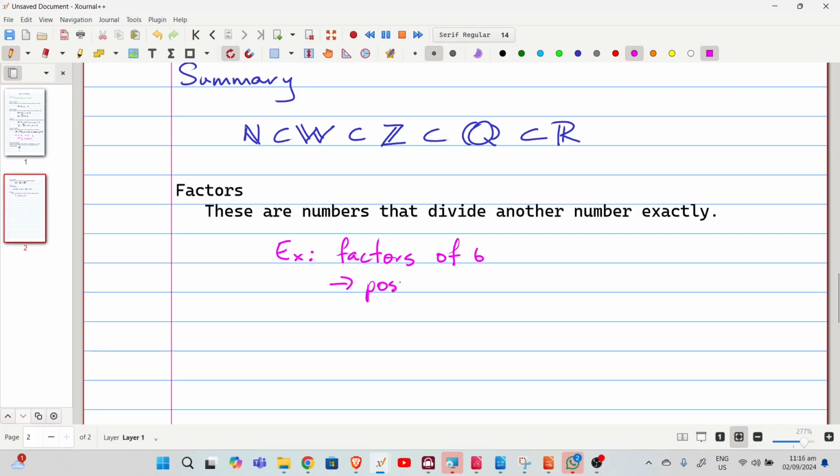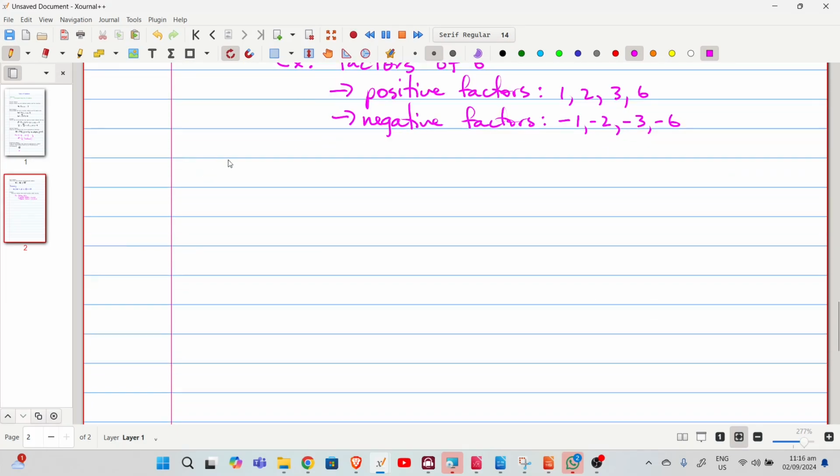We have positive factors, which are 1, 2, 3, 6, and we also have the negative factors, which are -1, -2, -3, and -6. Next, we have the multiples.